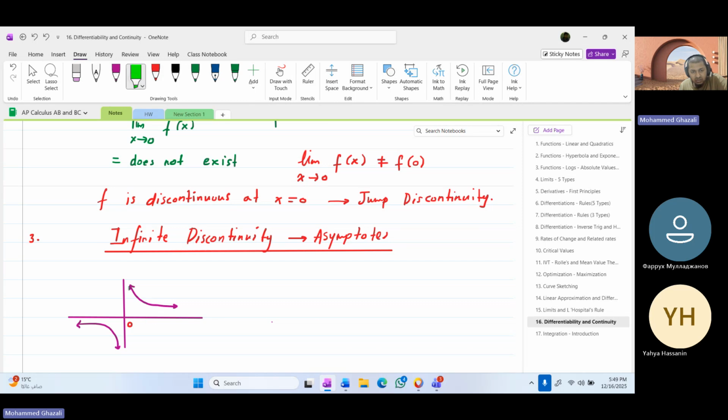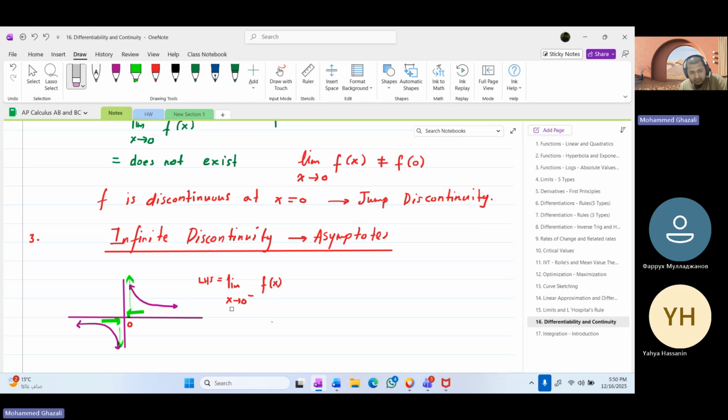What's happening at 0? If I approach 0 from the left, and if I approach 0 from the right, what's happening? When I approach 0 from the left, the y values are going towards negative infinity. So the limit as x approaches 0 from the left, this is the left-hand side, of f of x is equal to negative infinity.